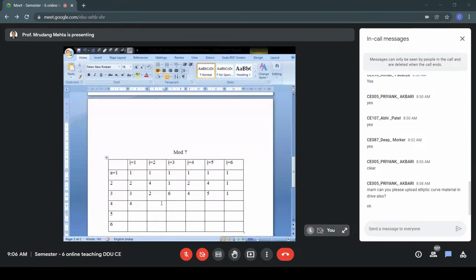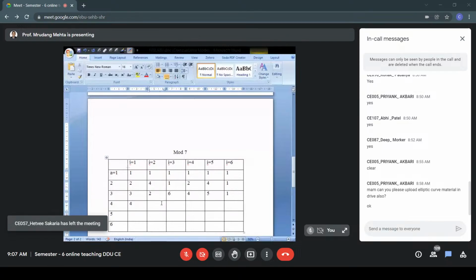In the case of 3, you can see A raised to I mod 7 is 1 for I equal to 6, that is phi of P. So this is the condition which we have to check. It is not 1 earlier in this particular row.